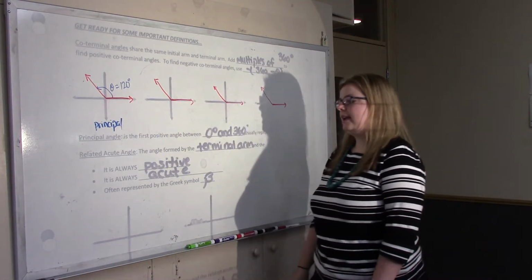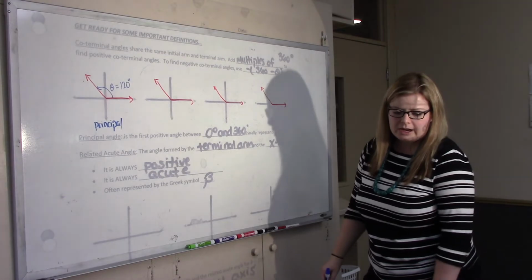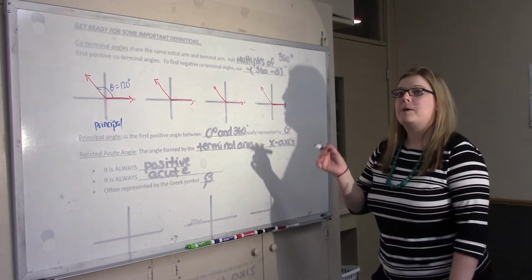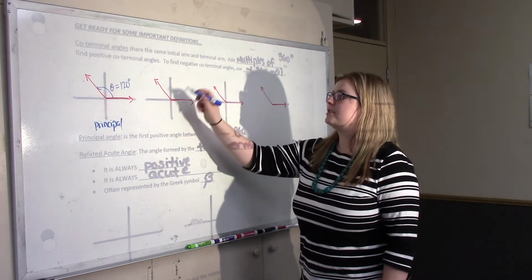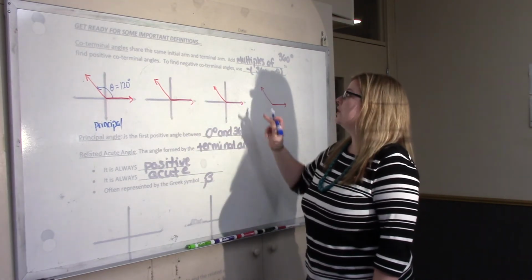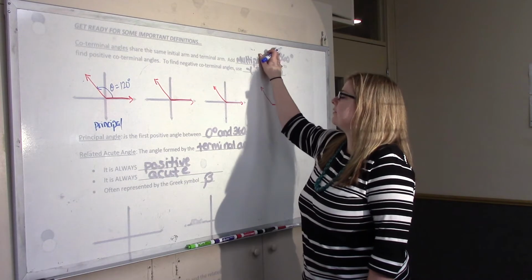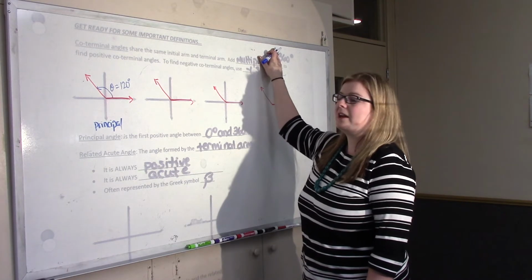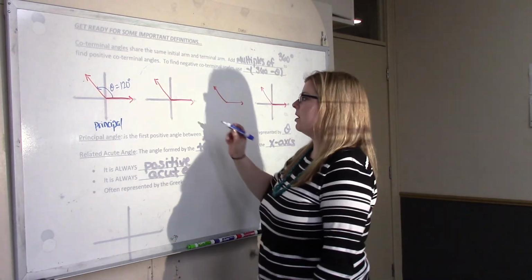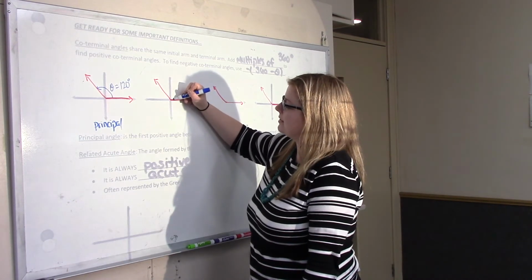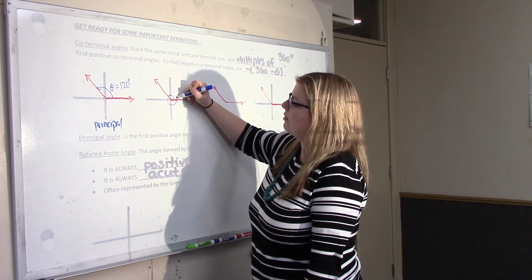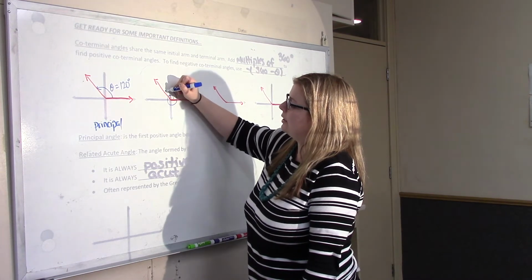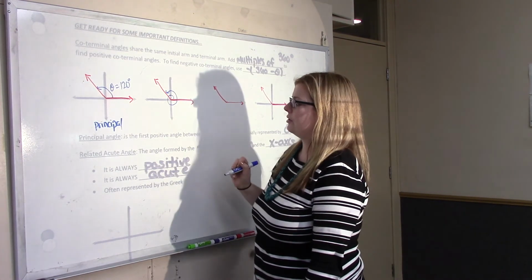All right? Now, we can come up with all kinds of positive coterminal angles by just keeping going around the circle. So if we add another multiple of 360 degrees, we can find another coterminal angle that's positive. So we draw that by starting here. We go all the way around, we hit it, but we keep going, go around again, until we hit it, and we draw the arrow to show it stops.